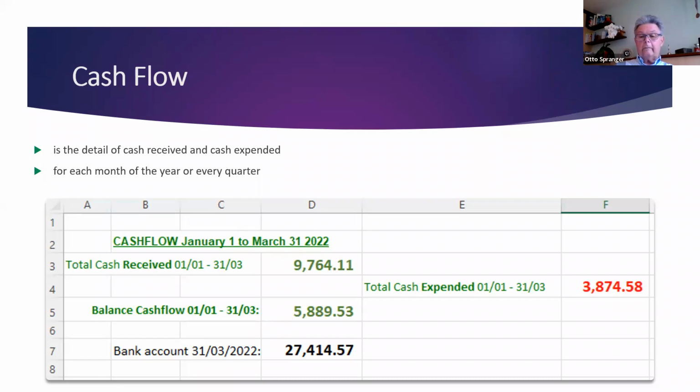Cash expended 3,874. You see you have a positive cash flow, received minus expenditures, 5,889, and on the bank account at this time you have a plus of 27,000 euros. So your organization is in good shape. You have a positive cash flow, more income than expenditures.